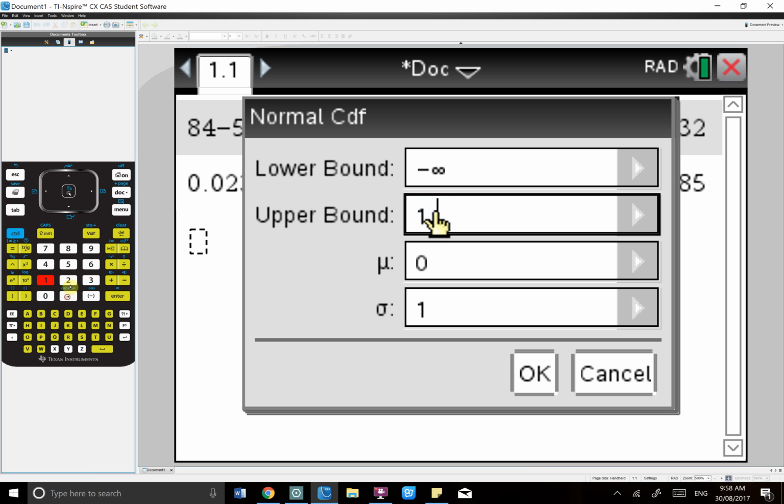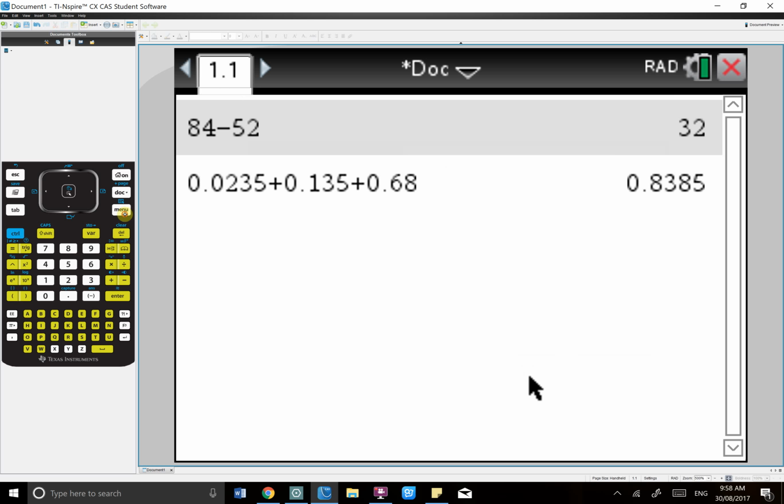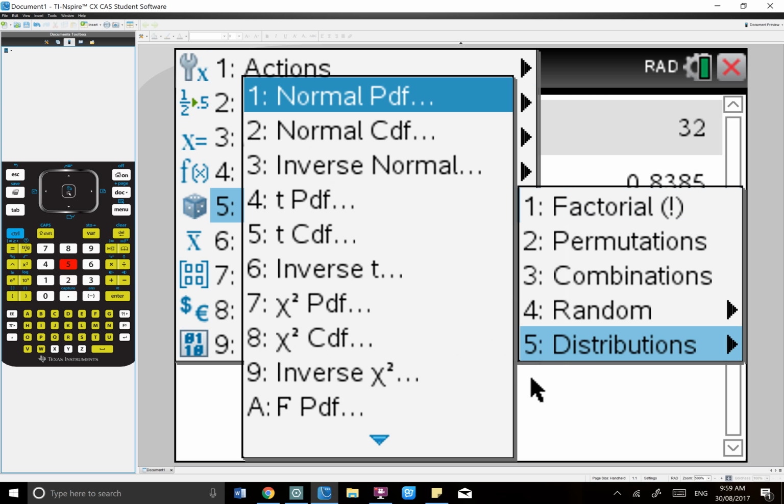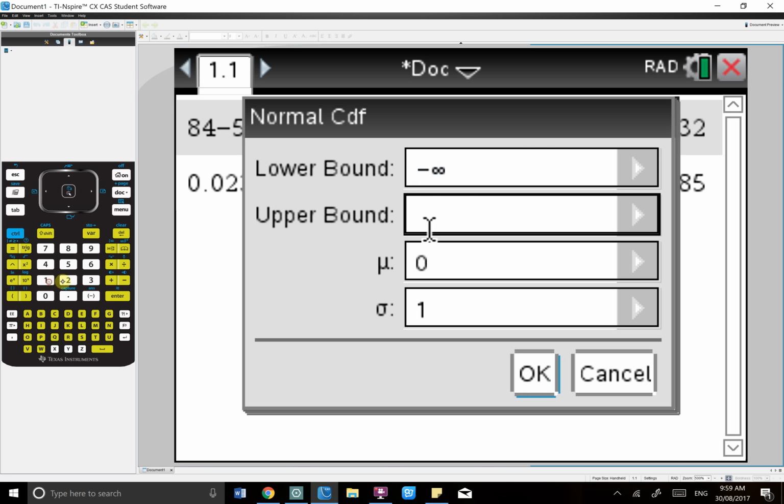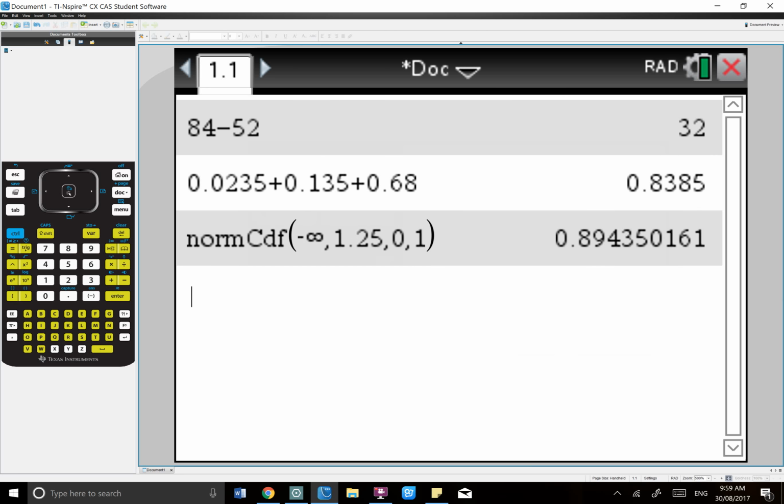Then mu is 0, standard deviation is 1. Press 5, 5, 2, negative infinity, 1.25, 0, 1. Click OK, and that's the value.